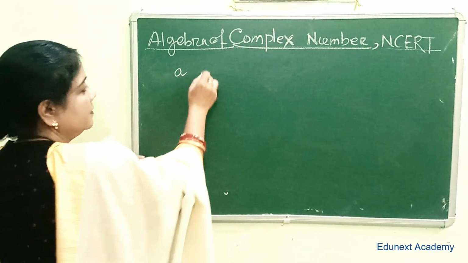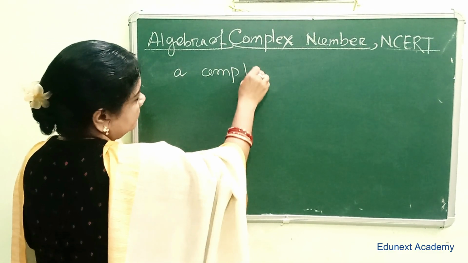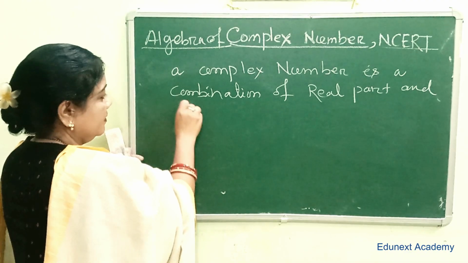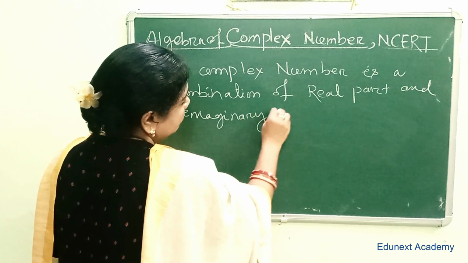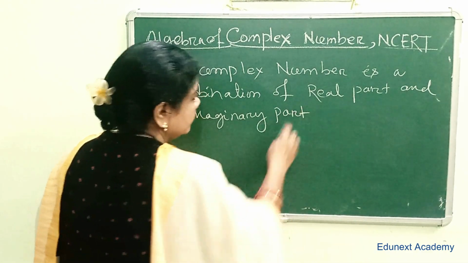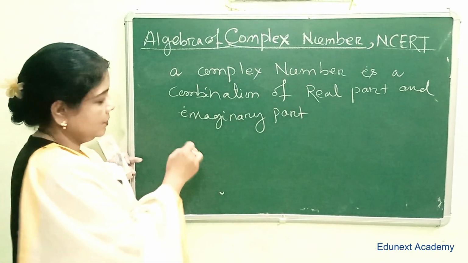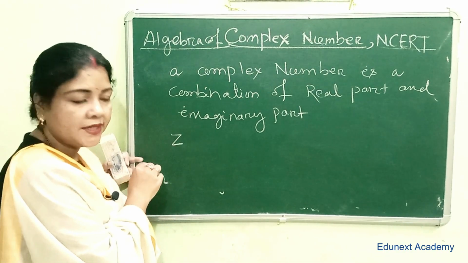A complex number has a real part and an imaginary part. So let Z be a complex number.